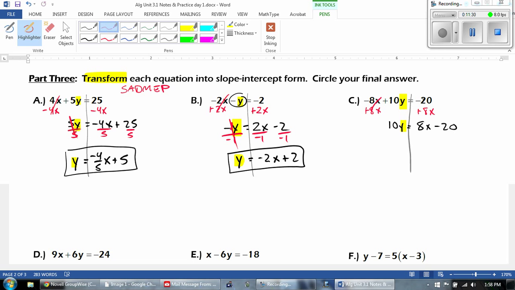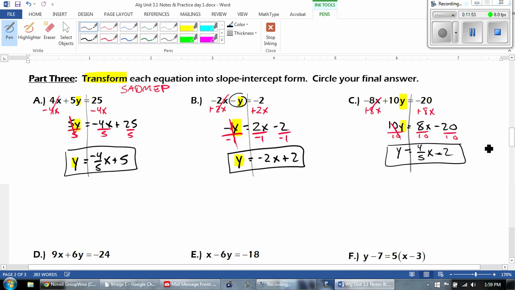The y is not by itself yet, so to get the y by itself, we have to divide everything by 10. 8 divided by 10, can you reduce that? Yeah, that reduces to 4/5 x, and 20 divided by 10 is 2, and it's a negative 2. Okay, so y equals 4/5 x minus 2.